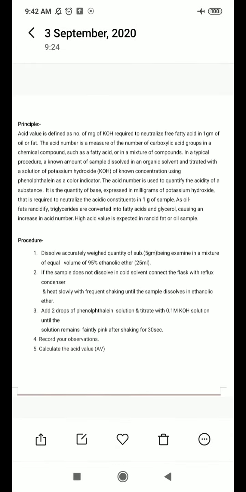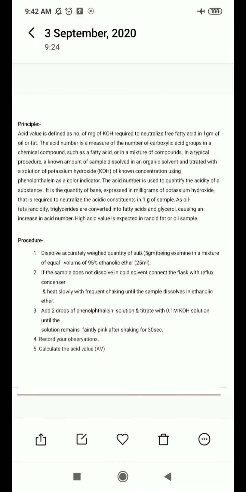Your sample may be stored in improper condition or has become rancid. You just have to titrate this amount of mixture, your castor oil, after a particular procedure, with 0.1 molar KOH using phenolphthalein as an indicator.